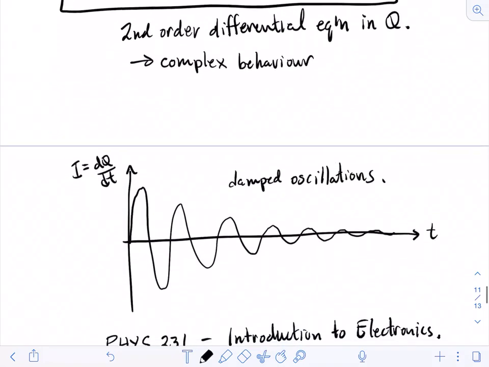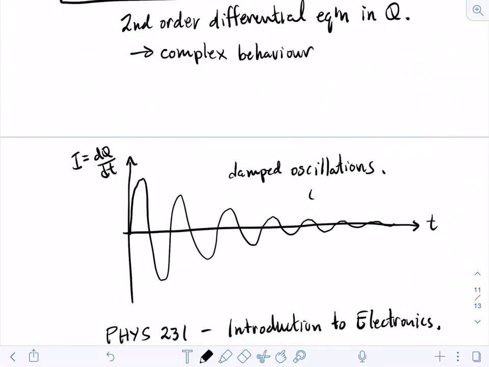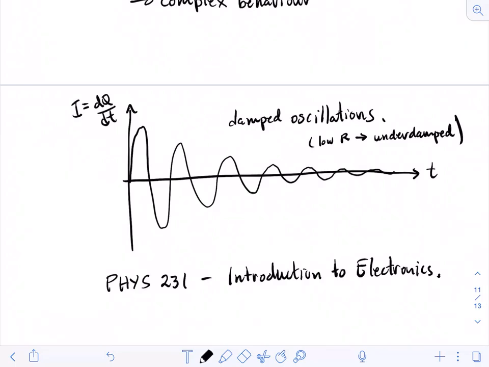What I drew is the case for low resistance, which leads to an underdamped set of oscillations. If that's something that you think sounds interesting, then you might consider taking some more physics courses next year.